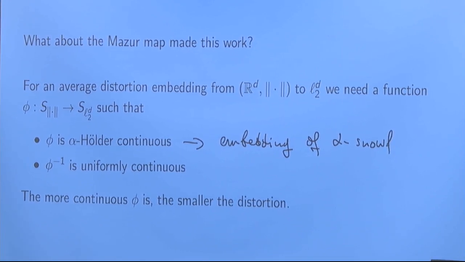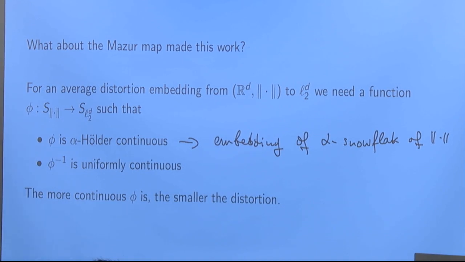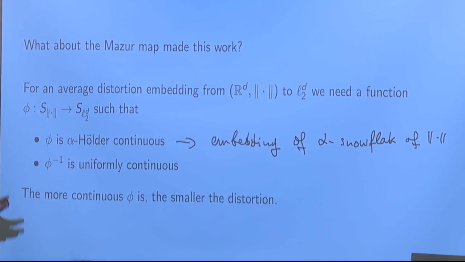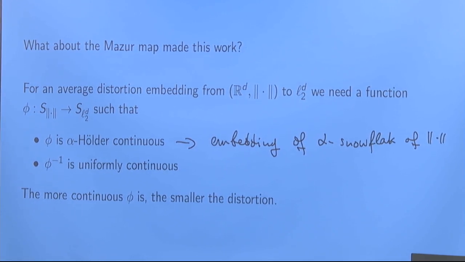You can spell snowflake, apparently. Okay, and there's an implied constant here, so basically the less continuous phi is, the larger the distortion is going to be. But there's a result of this type that you can state formally that is true. So this is a bit high level.